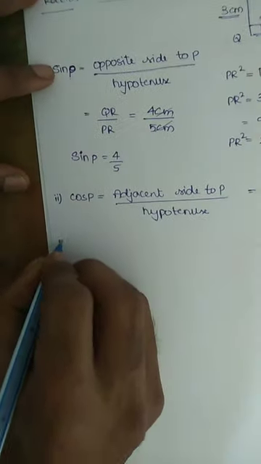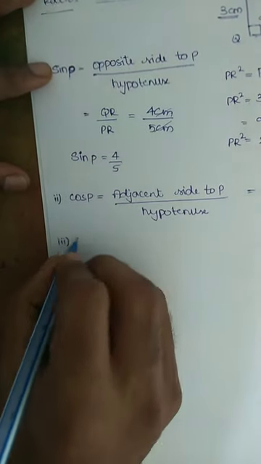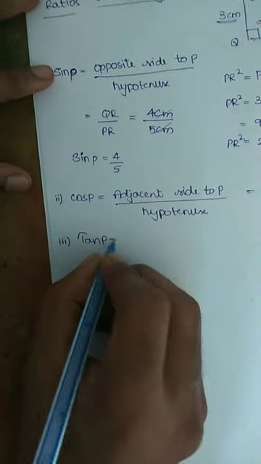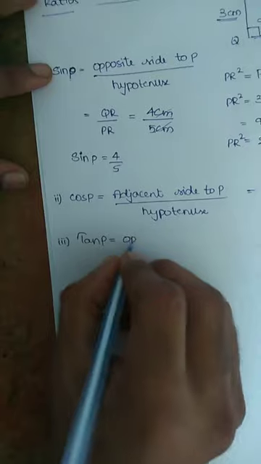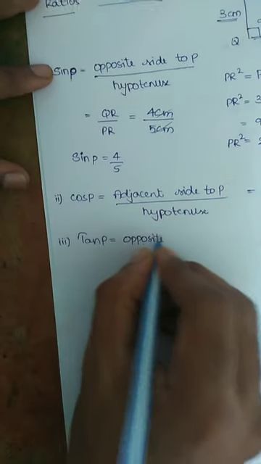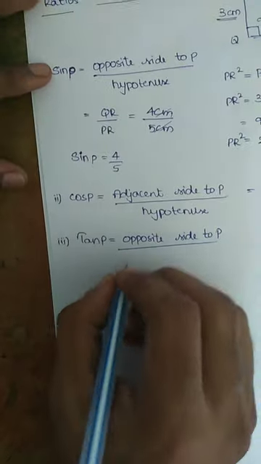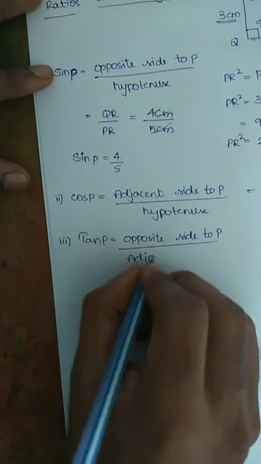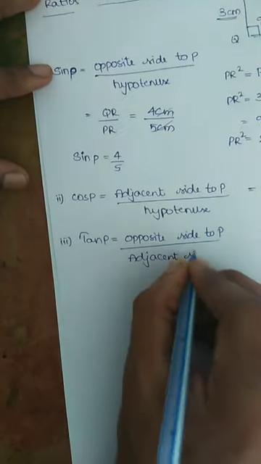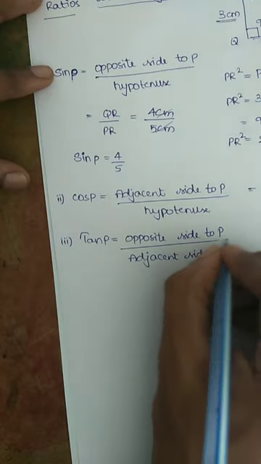Next trigonometric ratio is tan P. Tan P is equal to opposite side to P by adjacent side to P. What is opposite side to P from the triangle?